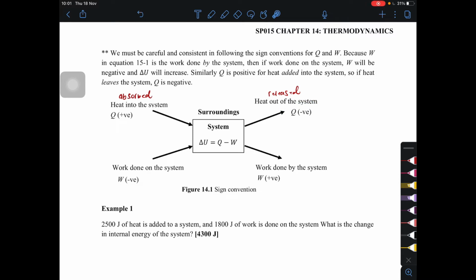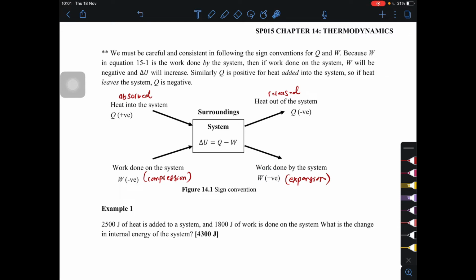If work is done on the system, the keyword usually used is compression. If there is compression, it means work is done on the system, so work will be negative. If work is done by the system, or we can use the keyword expansion, when expansion occurs in the system, work will be positive.